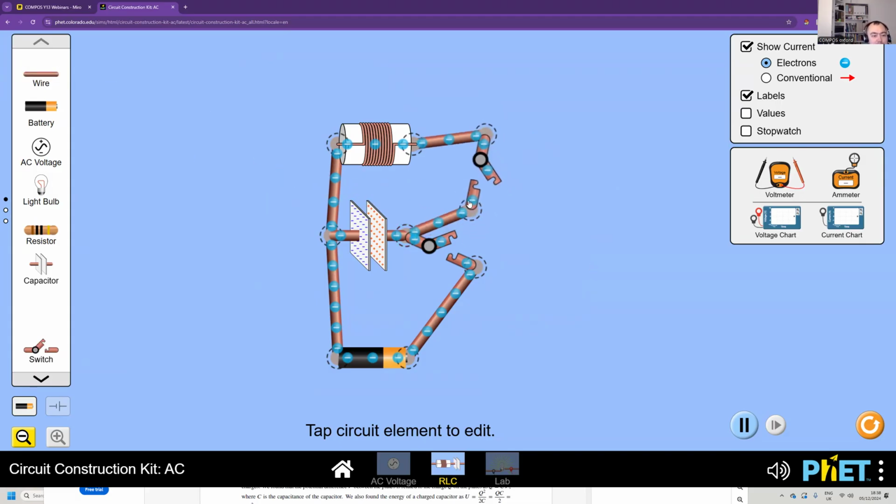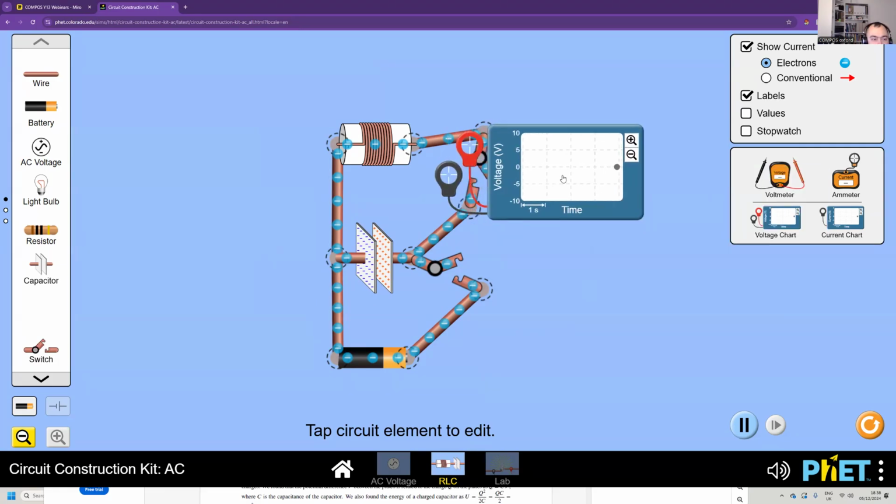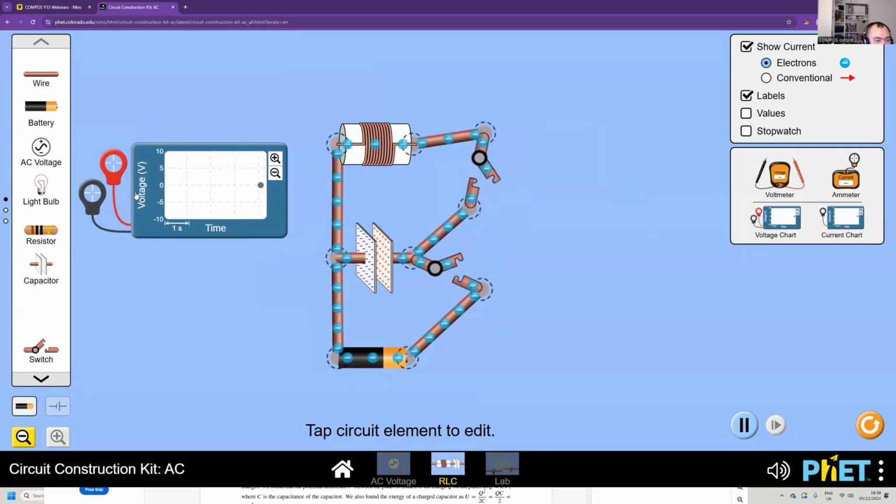So the capacitor is charged, and now if I measure the voltage on the capacitor, as you can see, it's +9.